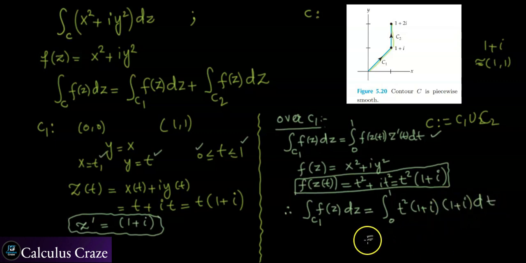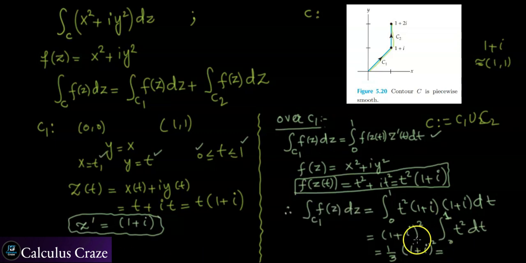So 1 plus I squared is a number that you can keep outside of the integral, and then you have to integrate from 0 to 1 the function t squared dt. And this is not hard to integrate: t cubed over 3, in other words 1 over 3. So this is going to be 1 over 3 times 1 plus I squared, right?